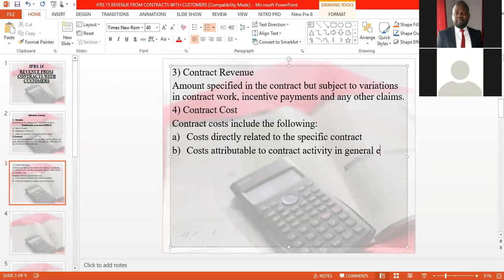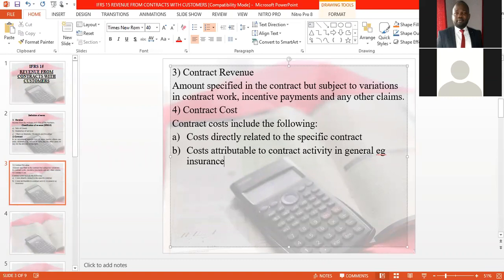For example, you may pay some insurance. You must insure the project. So insurance is not part of cost directly related to the specific contract. Maybe I'll think of other examples as we continue.